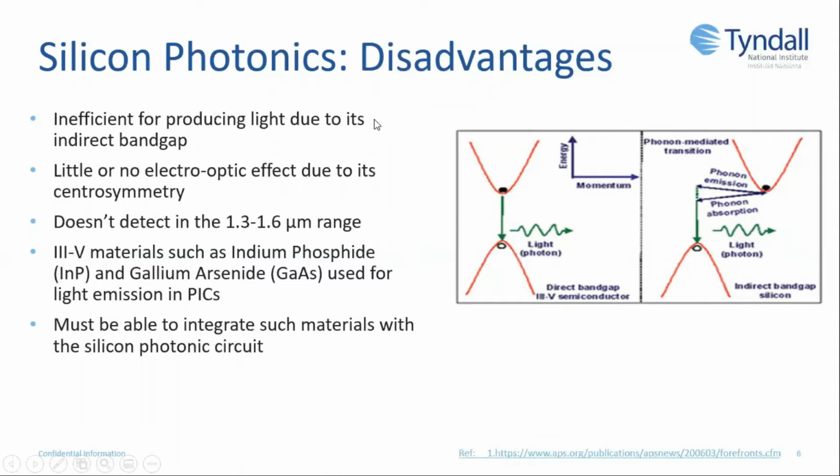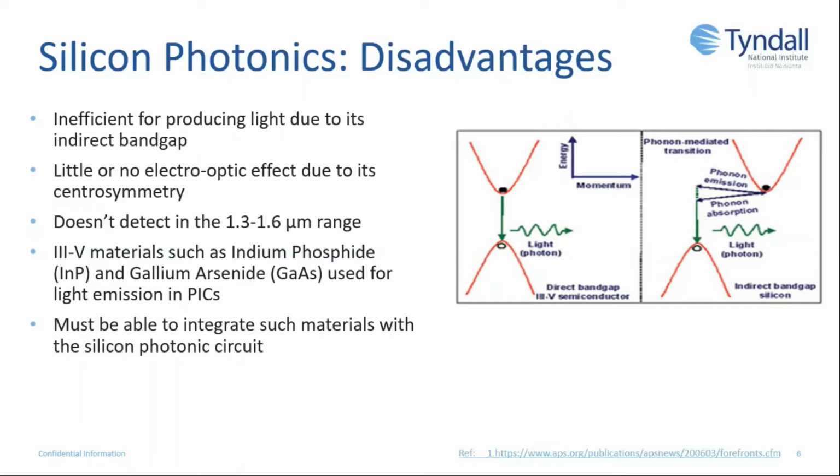If we have a look at the diagram over here, we can see that III-V semiconductor materials such as indium phosphide and gallium arsenide have a direct band gap. So for radiative recombination to occur, only a photon is emitted. But for silicon, because there's an indirect band gap, in order for radiative recombination to occur, a phonon, which is a vibration particle, has to be emitted or absorbed for the photon to be produced.